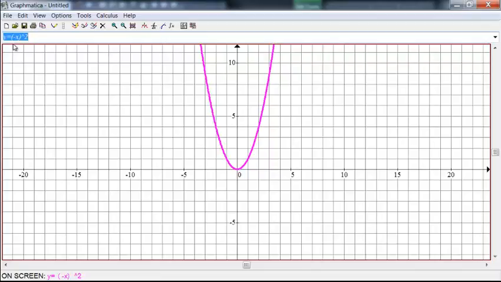So we say this has symmetry with respect to the y-axis. Let's look at another example. If we do x squared plus y squared equals, let me change this a little bit. Well, let's do this.